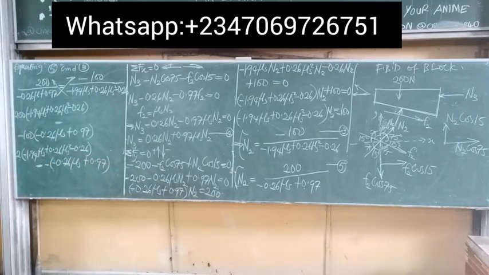So I will have 2 multiplying the whole of this bracket: 2 times minus 1.94.